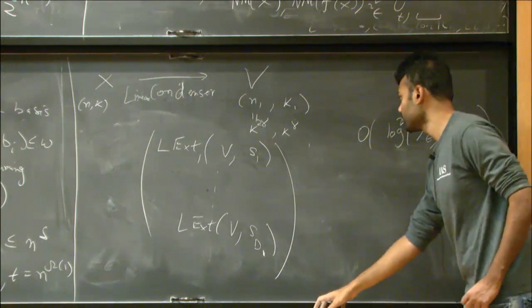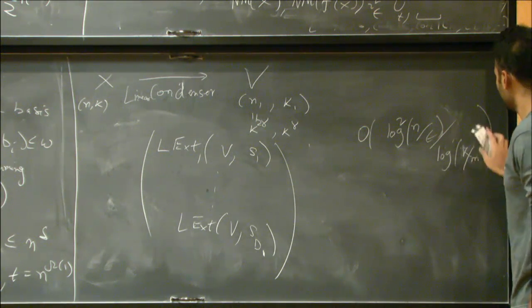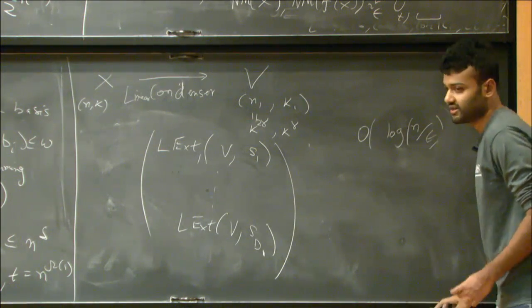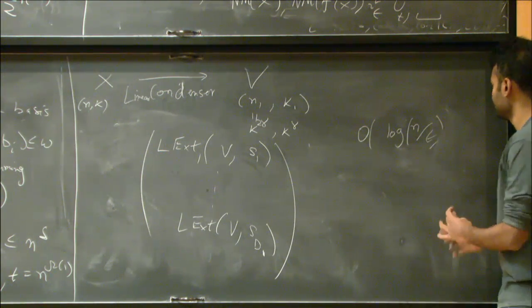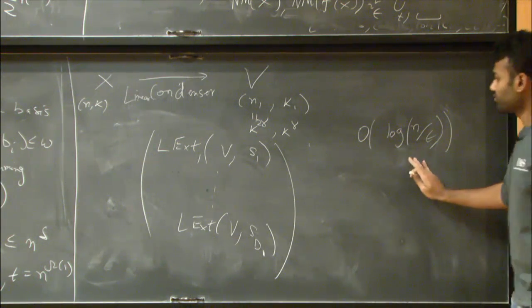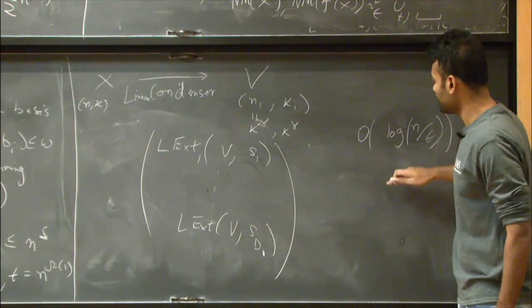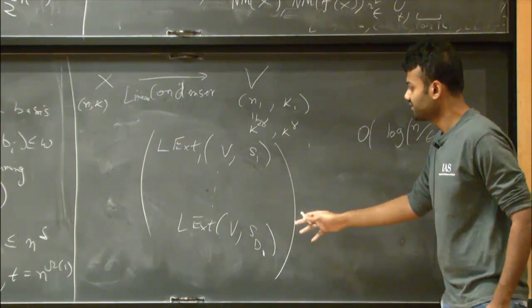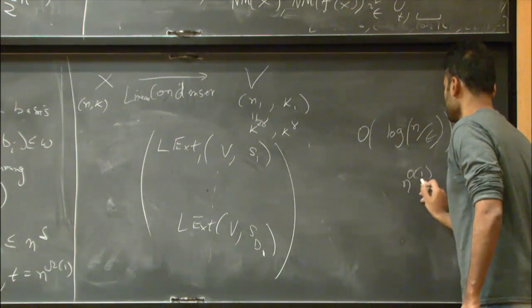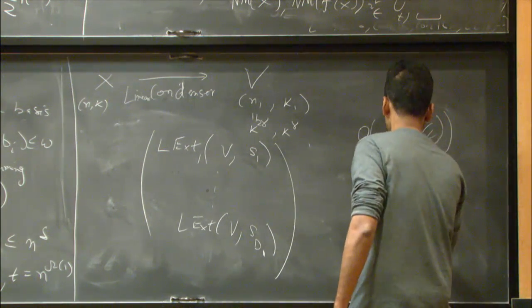But for simplicity, let's just think that we have a linear seeded extractor with these parameters. So if you run over all the seeds, then the number of rows is n power order 1.